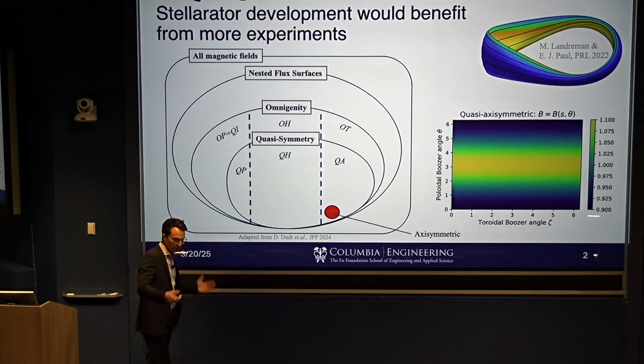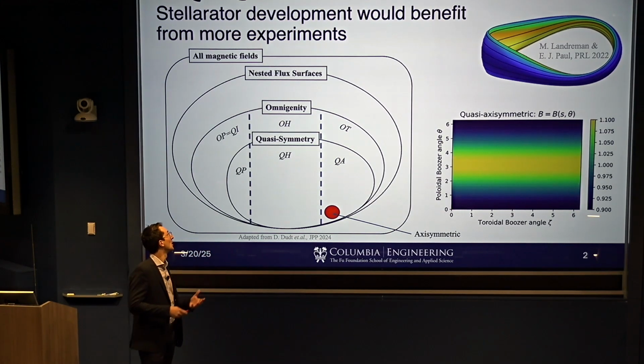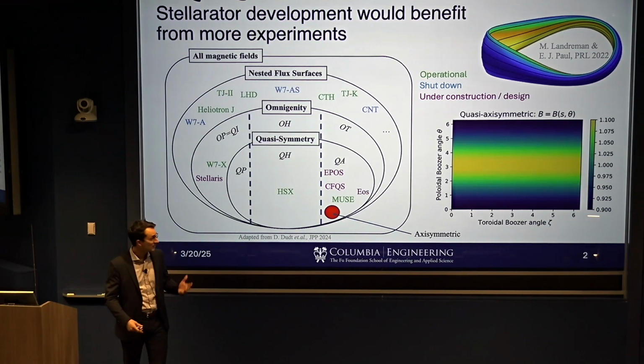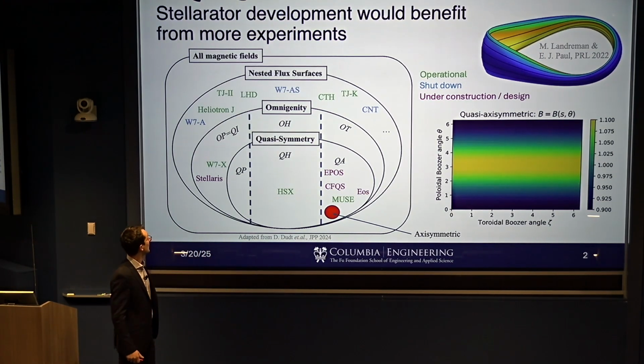Now, you all know this, but I want to point to one thing: when you look at the experiments, this is not an exhaustive list, but most of them have nested flux surfaces. I categorize them here.